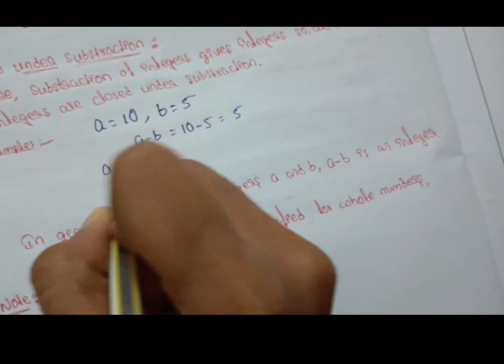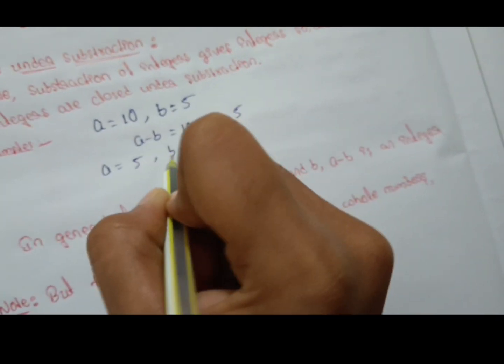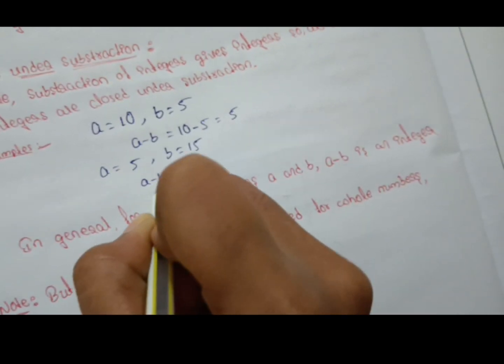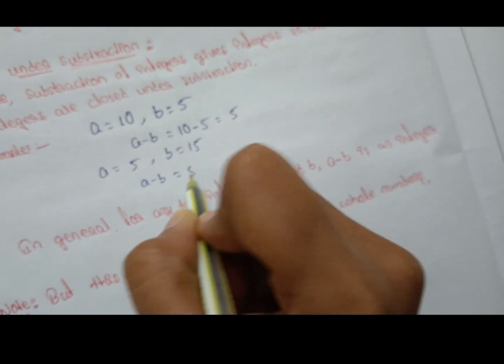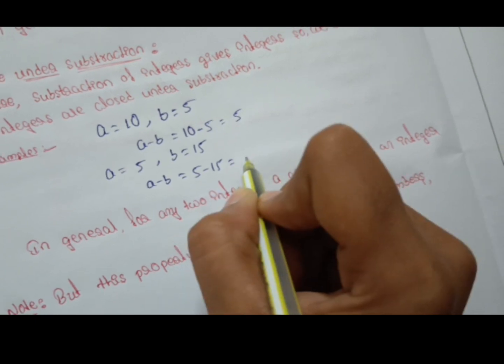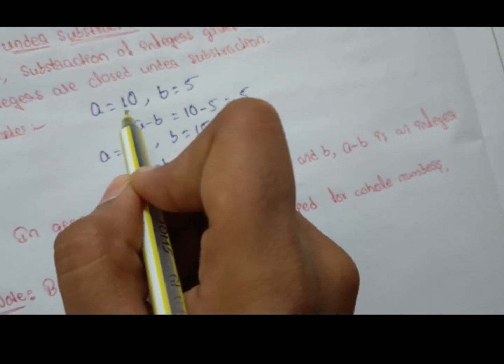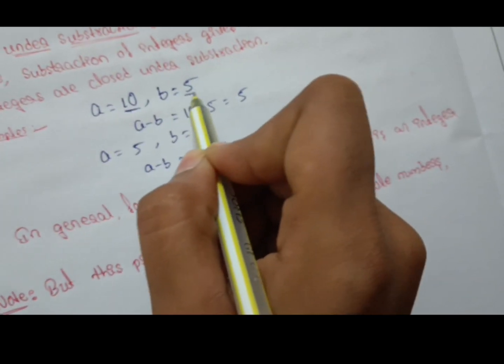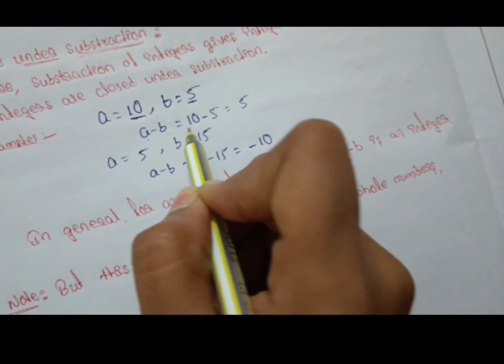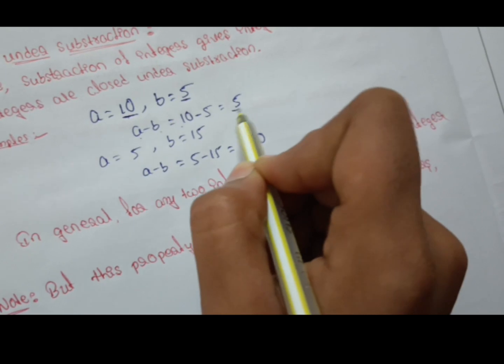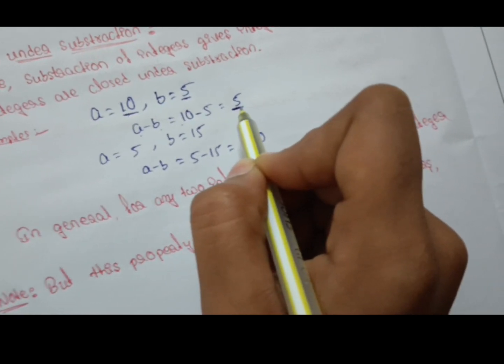Another example, a is equal to 5, b is equal to 15. So a minus b is equal to 5 minus 15, which is equal to minus 10. Observe here, a is an integer, b is also an integer, so a minus b is also an integer.